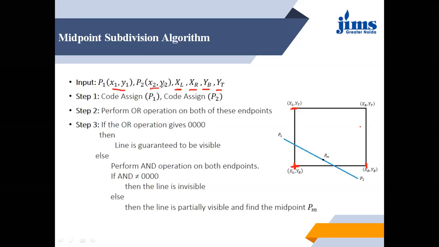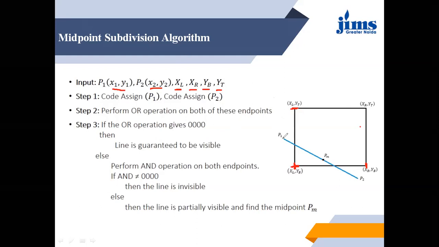First of all, we have to assign the codes to the endpoints of the line, that is P1 and P2, as we discussed, and we know that we have to assign a 4-bit code to each and every point of a line.